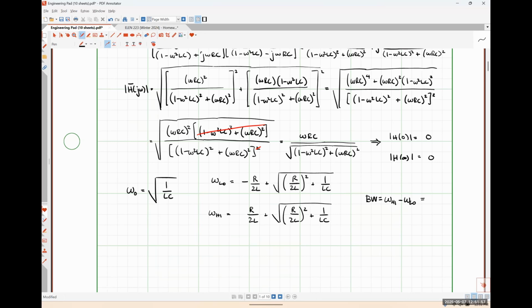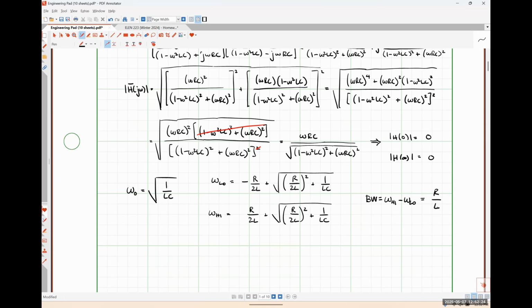So the big thing under the square roots wind up canceling each other out. So we just have R over 2L minus negative R over 2L is 2R over 2L, or just R over L. So essentially, for this simple second order bandpass filter, our bandwidth is only dependent on the value of the resistor and the value of the inductor.